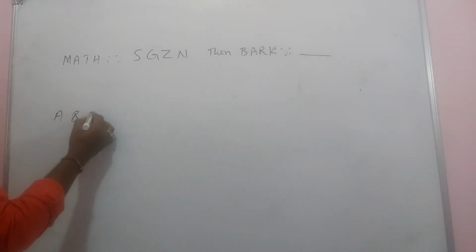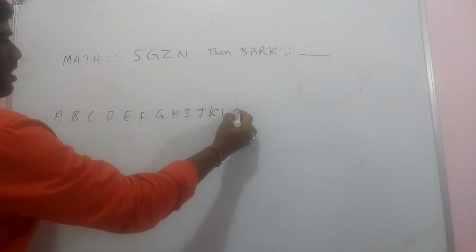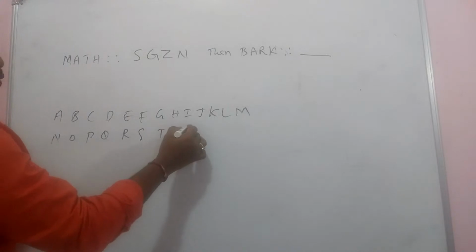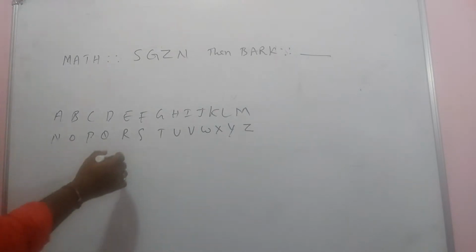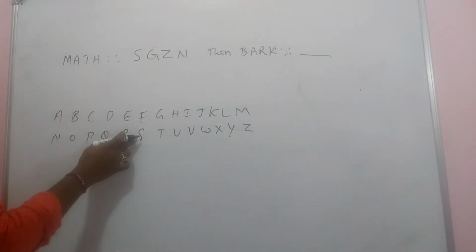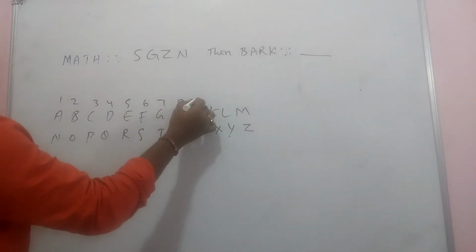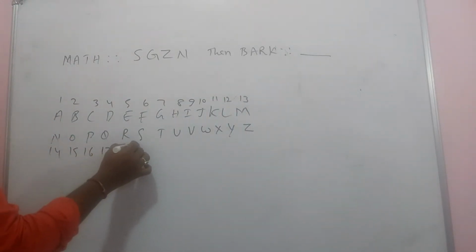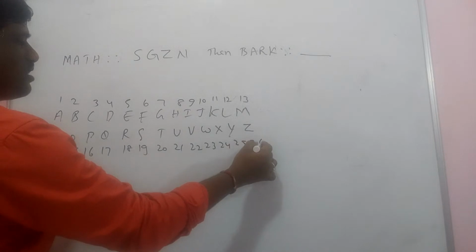I'll show you here. A, B, C, D, E, F, G, H, I, J, K, L, M, N, O, P, Q, R, S, T, U, V, W, X, Y, Z. So see that in maths, M is coded as S. You have to take the numbers 1, 2, 3, up to 26.